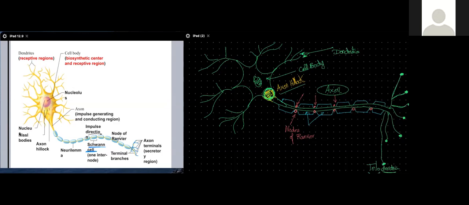Also, I want you to notice that the axon is covered with myelin sheath, which gets formed by the Schwann cells. And the myelin sheath is not fully covering the axon. We've got interruptions in the myelin sheath. And again, the interruptions here of the myelin sheath are what we call the nodes of Ranvier.